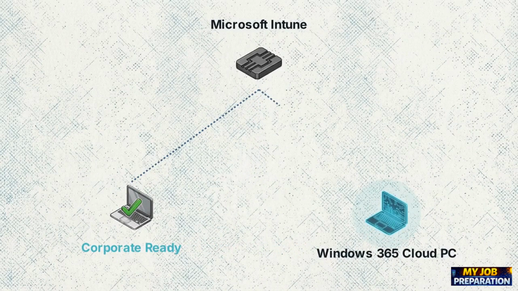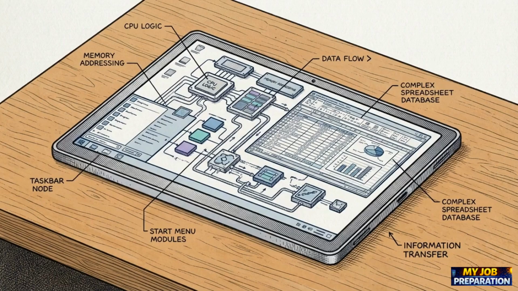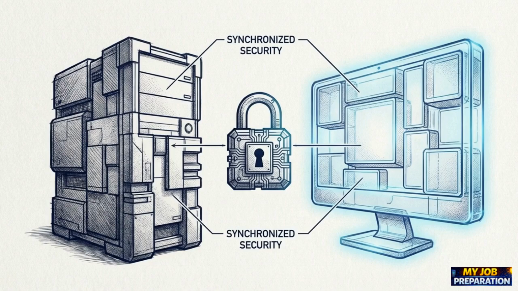The architecture also incorporates virtualized endpoints through Windows 365 Cloud PCs. These are fully functional Windows desktop experiences hosted natively in the cloud and accessible from any device with internet access. Because cloud PCs are enrolled and governed exactly like physical hardware, IT maintains consistent security policies regardless of where the hardware is physically located.